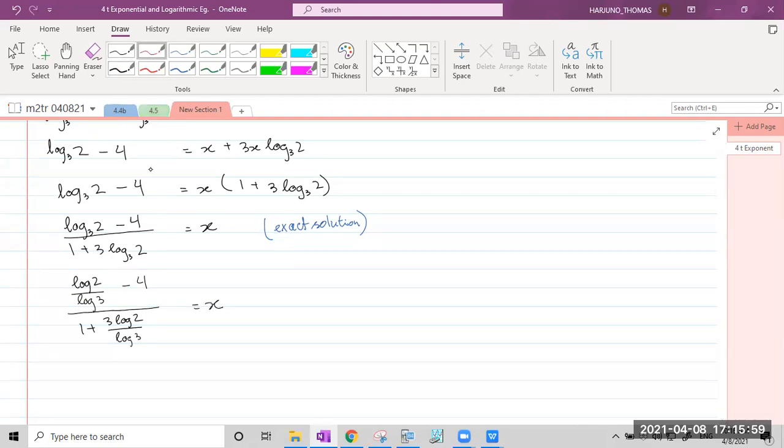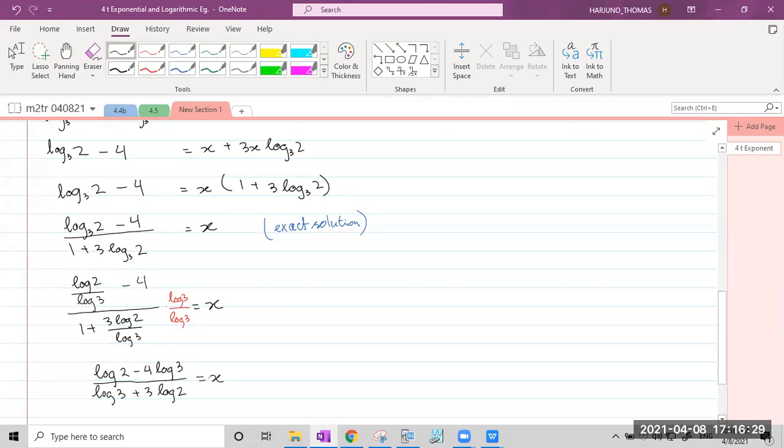Then rationalize, multiply by the LCD, log 3. I will get log 2 minus 4 log 3 over log 3 plus 3 log 2 equals x.